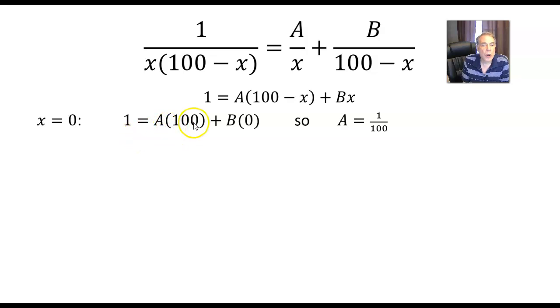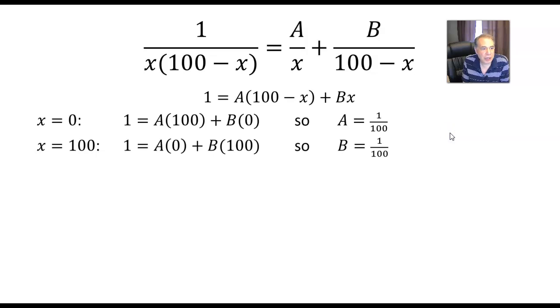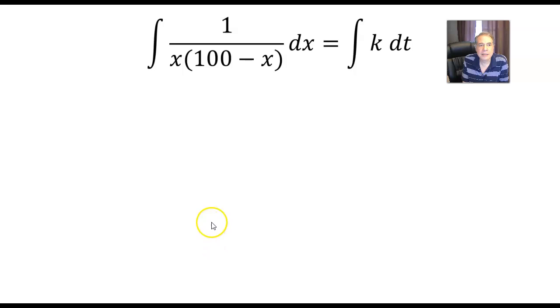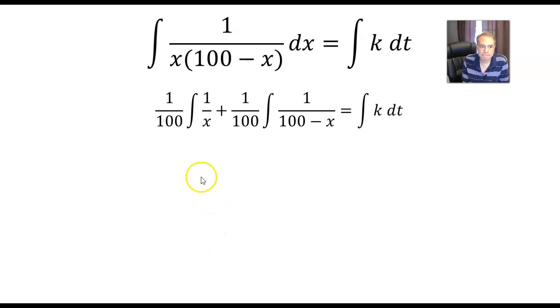That is just 100a equals 1, so a equals 1/100. If we plug in 100 for x, we get 1 equals a times 0 plus b times 100. So b would also equal 1/100. That tells us what these numbers are, and how to break up the original fraction into simpler pieces that are easier to integrate.